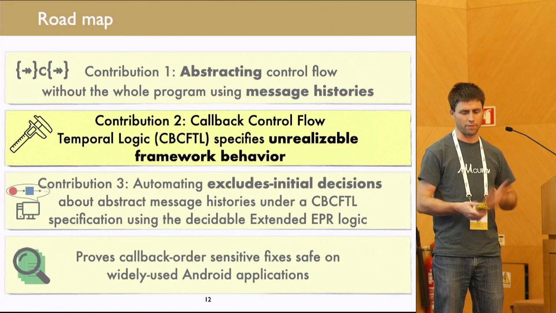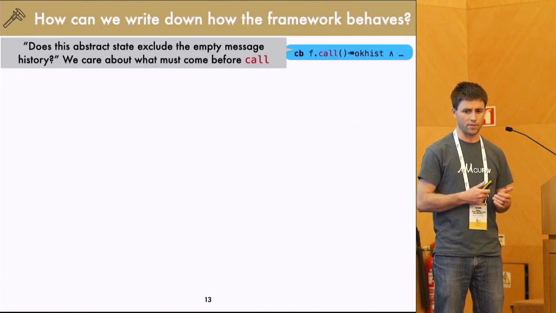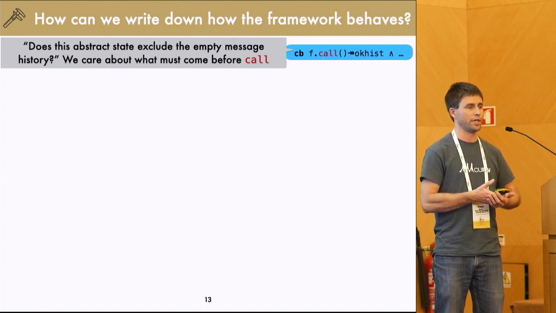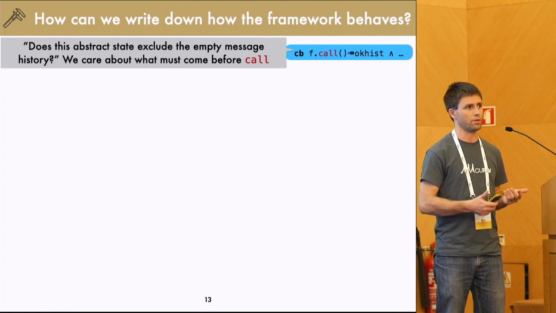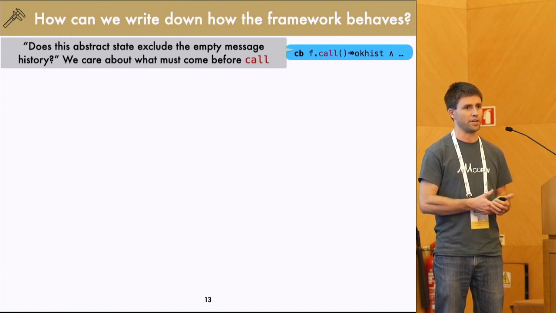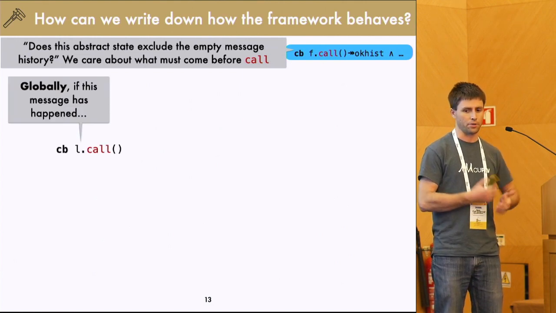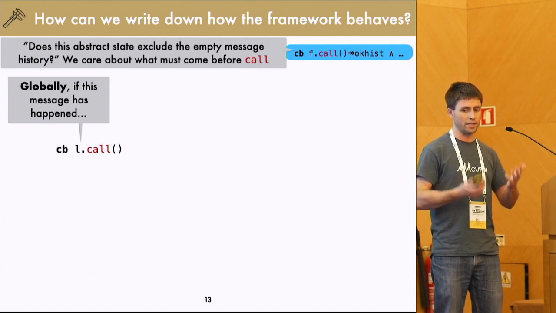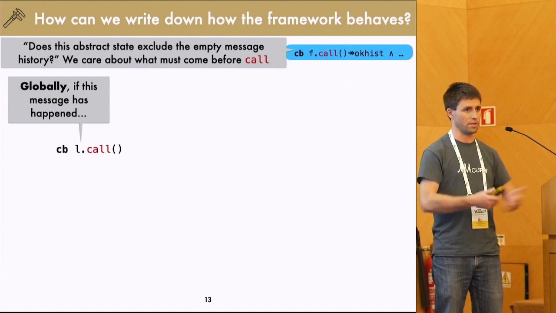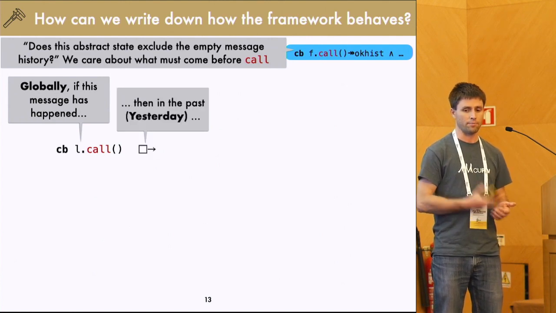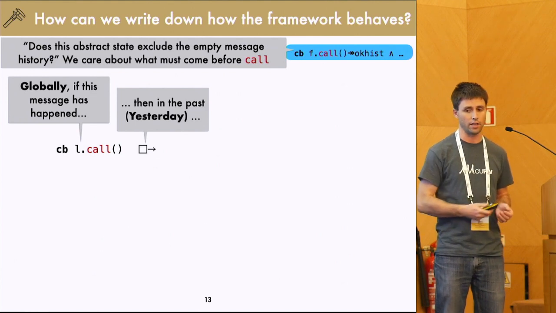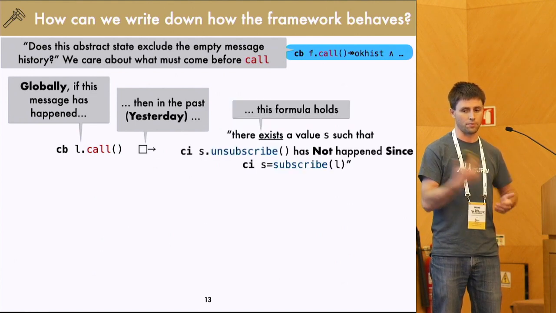And so next we'll talk a little bit about how we specify these things. The main question that we're answering is we have an abstract message history, and we want to say, is this the initial point of the execution in the Android application? And so we say globally, if call has happened, if this message has happened, then in the past, yesterday, for those who are familiar with past LTL, this formula holds.